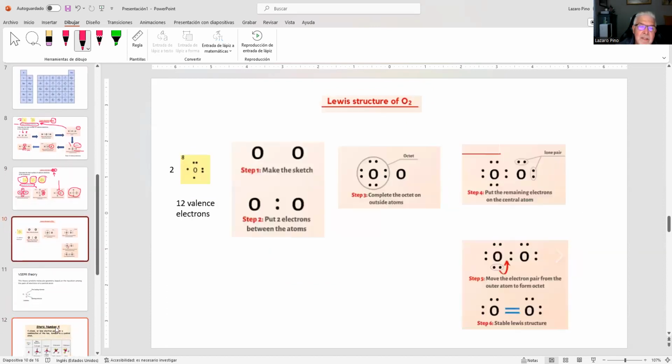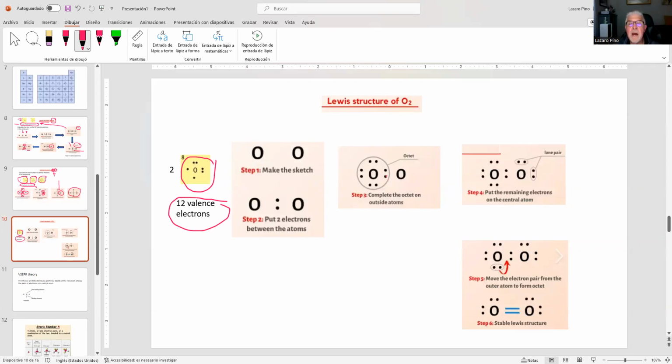Let's go to oxygen. Well, oxygen is made of 2 atoms of oxygen. We put the 2 atoms of oxygen, we put 2 electrons in between, but remember that oxygen has 6 valence electrons. Then, as we have 2 oxygens, we have 12 valence electrons in all.